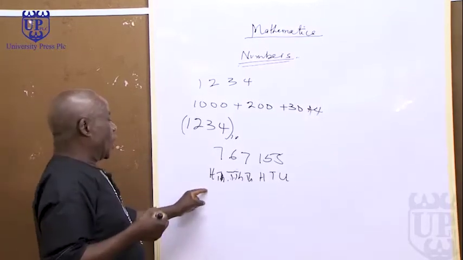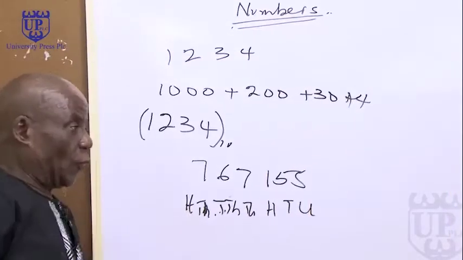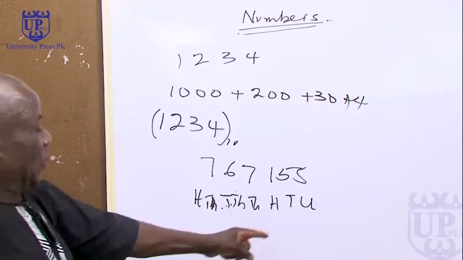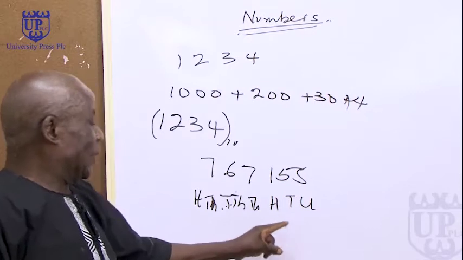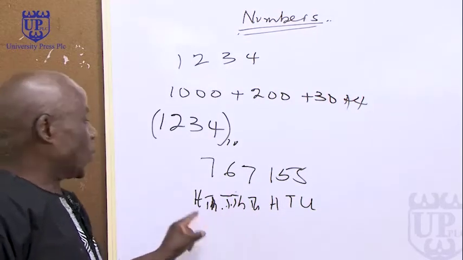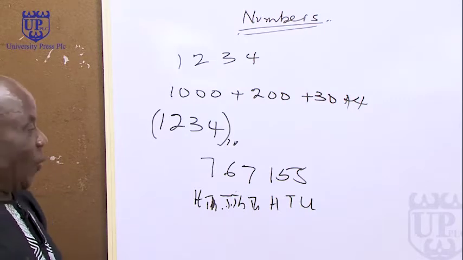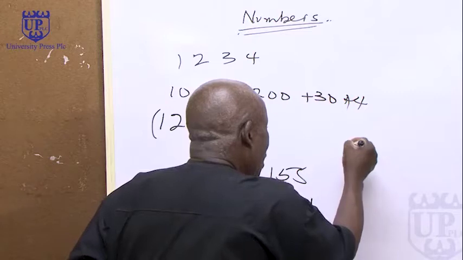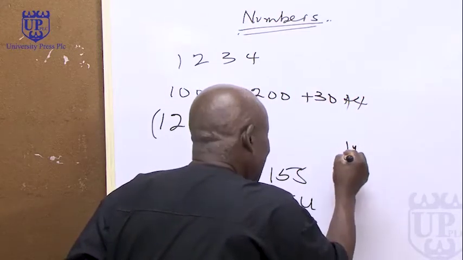If you look at all this, they are not for fun. The unit, tens, hundreds, thousands, tens of thousands, and hundreds of thousands. What I'm saying is this: hundreds of thousands.